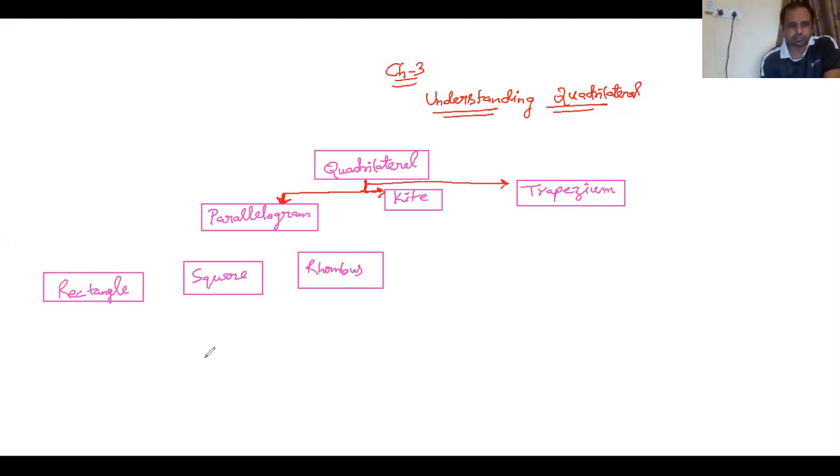And this parallelogram is further divided into three parts. You can label like this: rectangle, square, and rhombus.